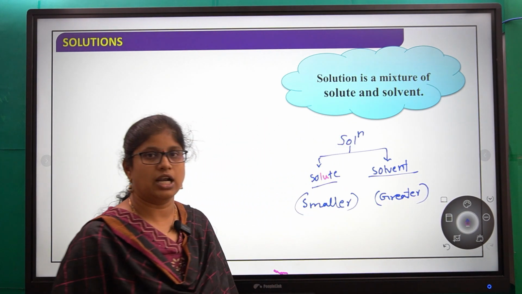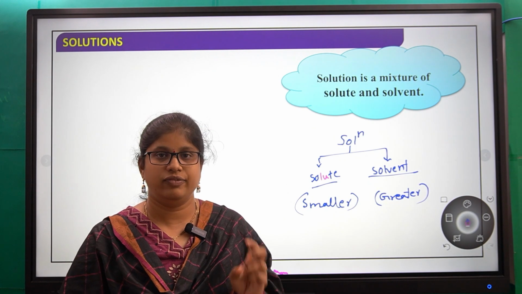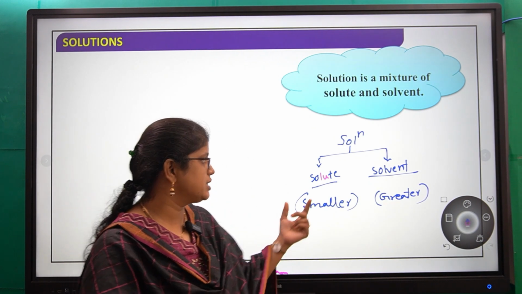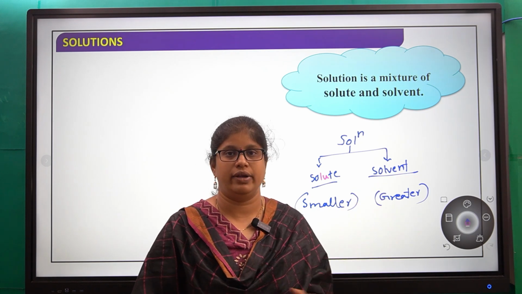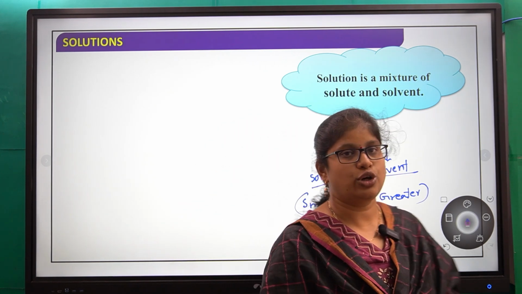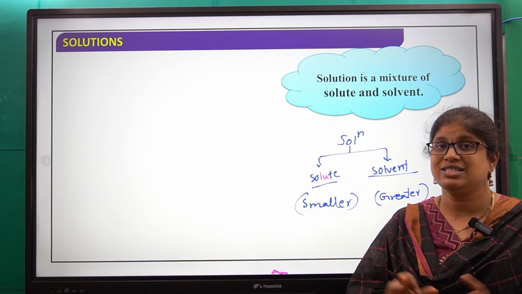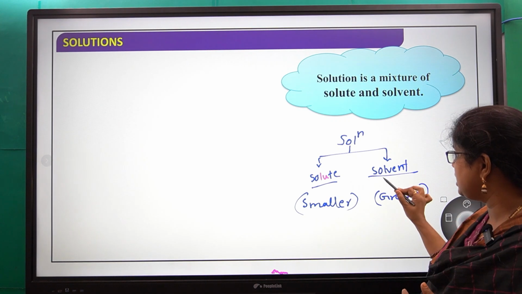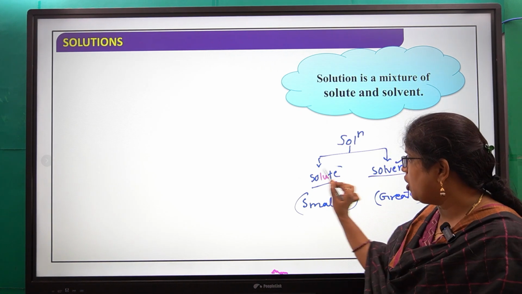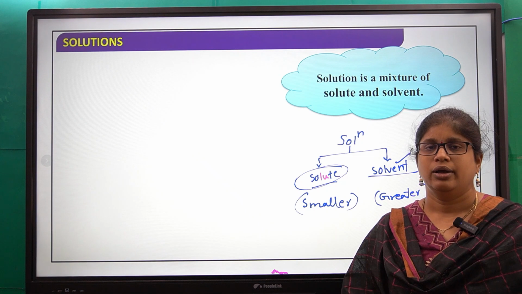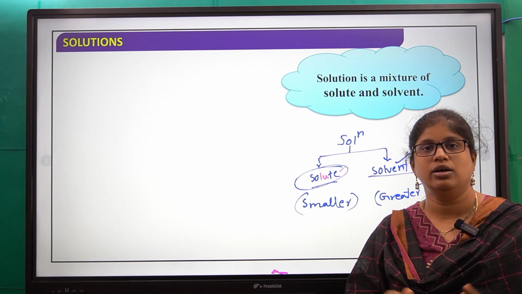If there are only two components, we can say that the smaller component is called solute and the greater component is solvent. If the solution contains more than two components, the one in greater quantity is considered the solvent and all the remaining components are called solutes. Don't bother how many they are, all others are called solutes only.